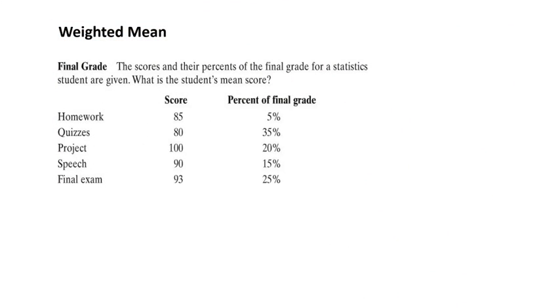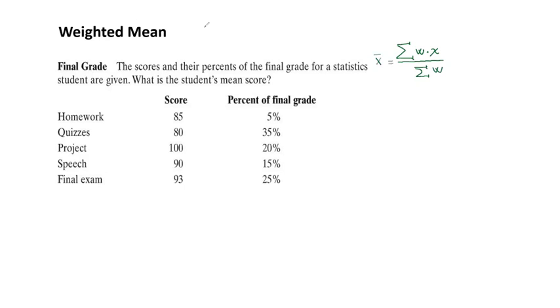The formula for the weighted mean is very similar to the formula for the grouped frequency distribution. I'll write down the formula right here. It is the summation of the weight times the data value divided by the summation of the weight.